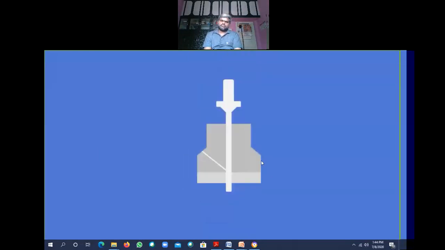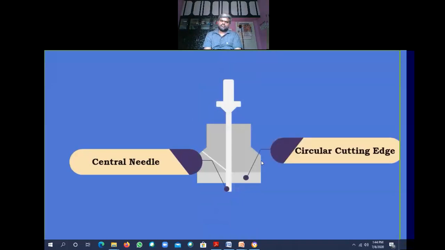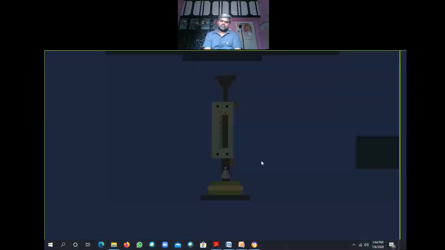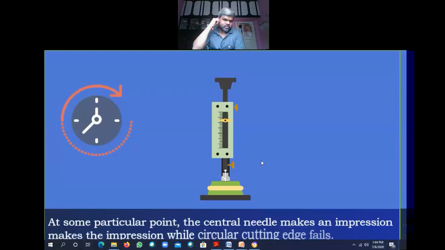This needle has two portions. One is a central needle and the other is a circular attachment. Upon lowering the circular attachment, it will not pierce into the block.